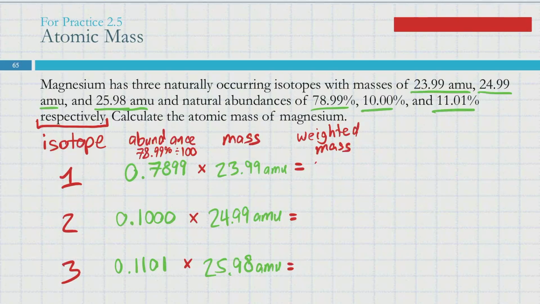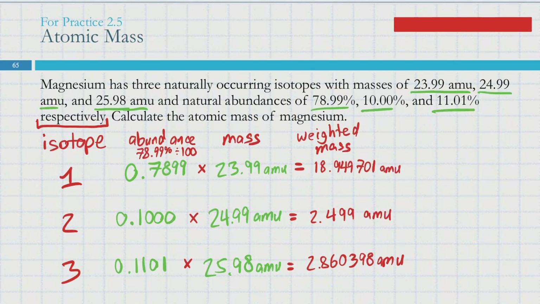So our first one, 18.949701 with units of AMU. Our second one is 2.499 AMU. Our third one is 2.860398 AMU. And then the last step is we add them all together.